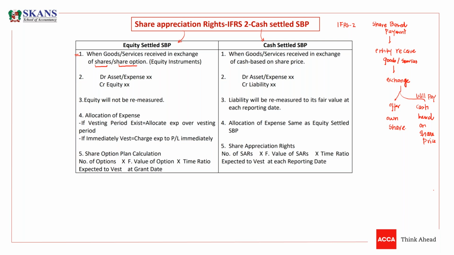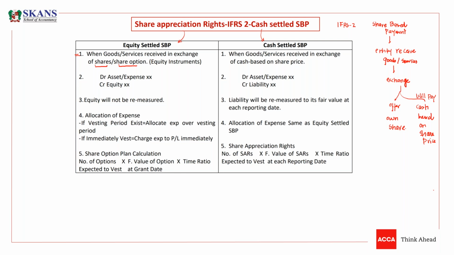So what is the difference between share and share option? Shares means you are actually issuing them shares right now, but share option is that you are just making a promise that we will issue shares in future. So the promise to issue shares in future is actually share option.